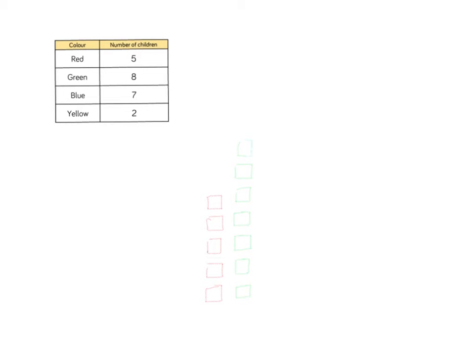We know that we have 7 children who like the colour blue, so we can have 7 squares to represent the 7 children. 3, 4, 5, 6, 7.